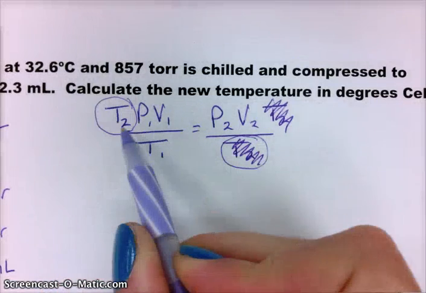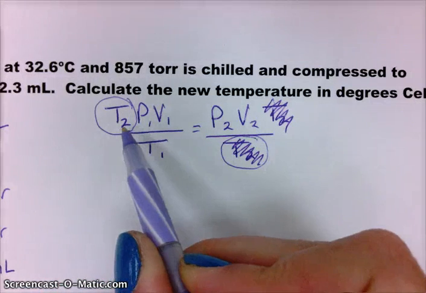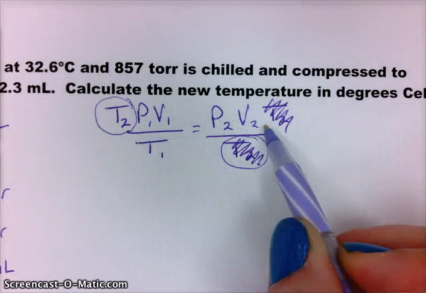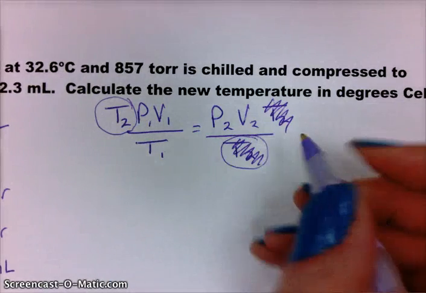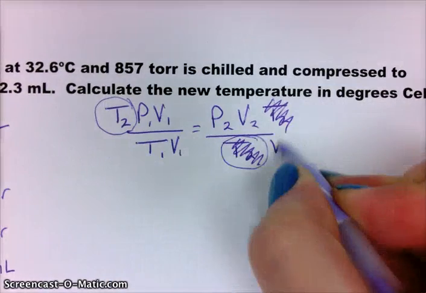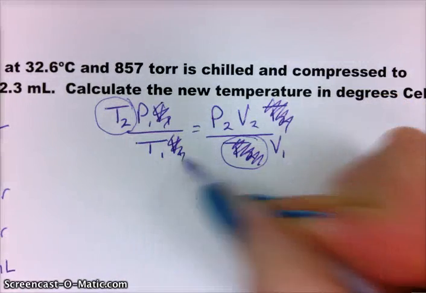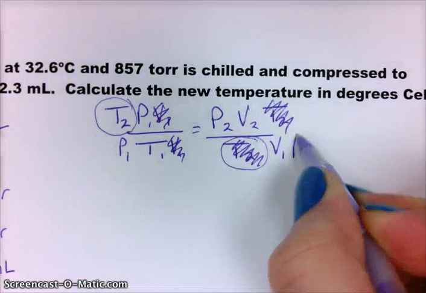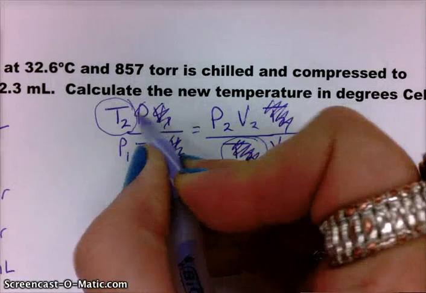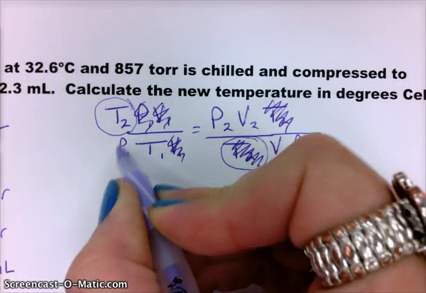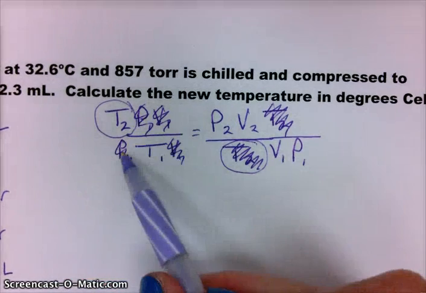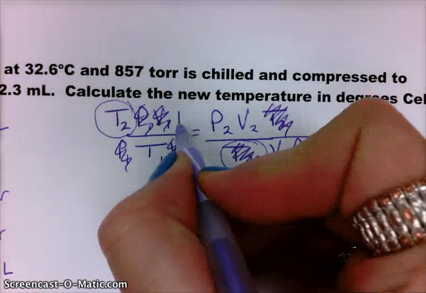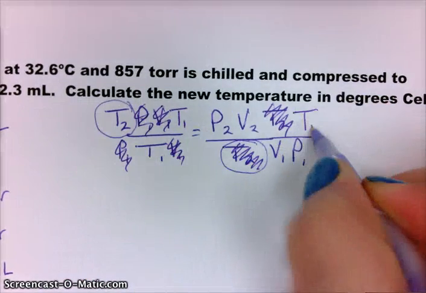So now it's time to isolate T2 and take the P1, V1, and T1 to the other side. So I'm going to divide both sides by V1. This allows V1 to cancel out and takes it to the other side. I'm going to divide both sides by P1. So P1 canceled out and went to the other side. And finally, I'm going to multiply both sides by T1.